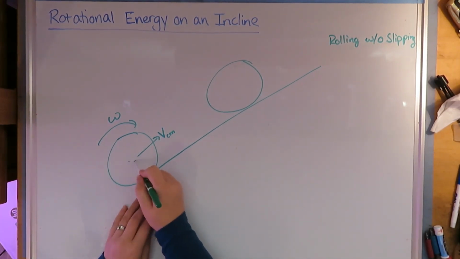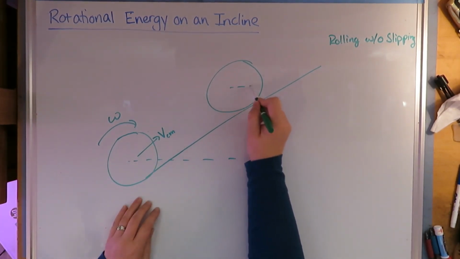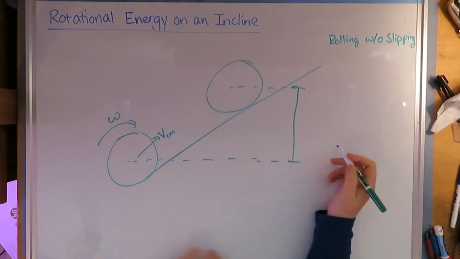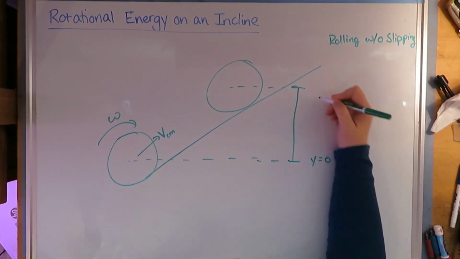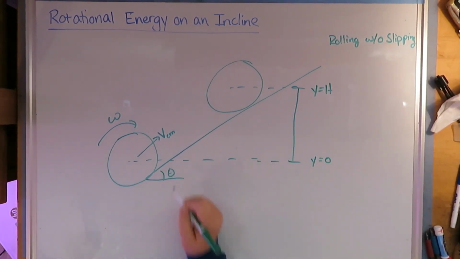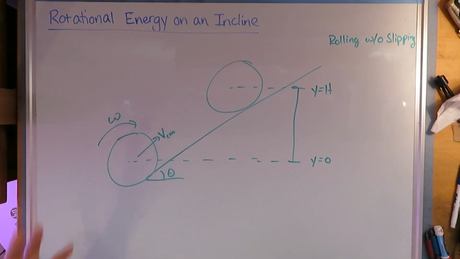Then essentially its center of mass is going to increase in height. If you define y equals 0 and y equals h, on some angled ramp theta, then the center of mass of whatever this rolling object is will change heights.